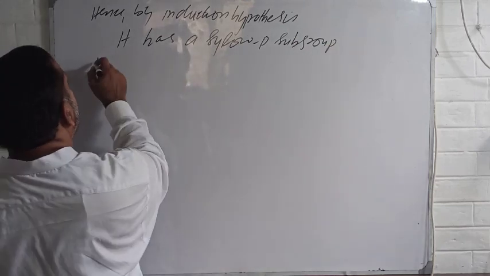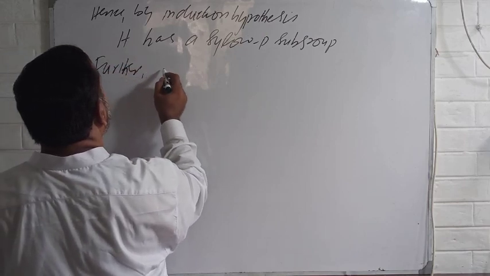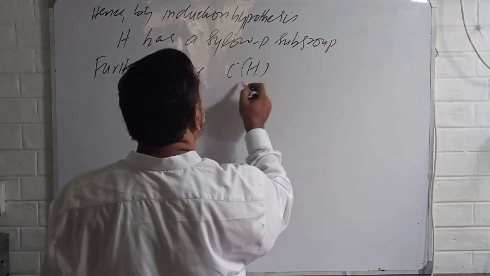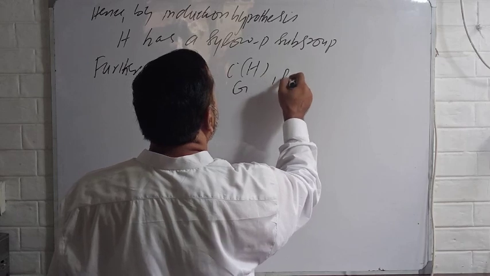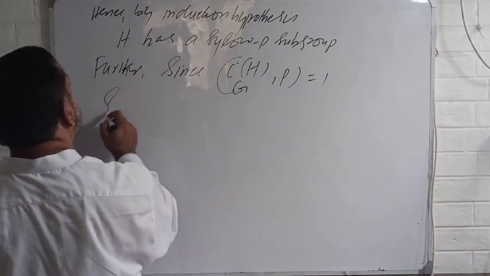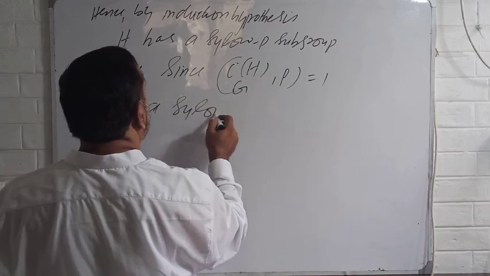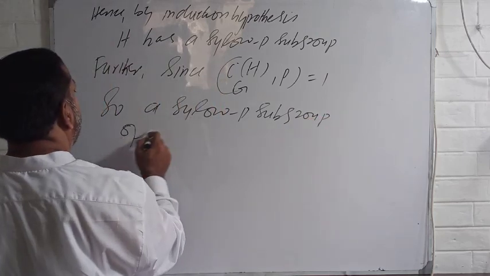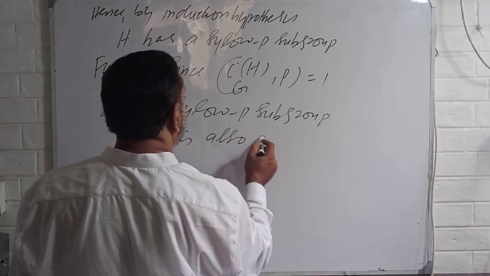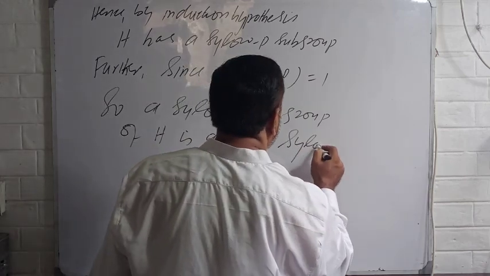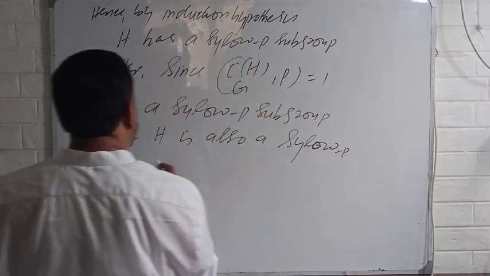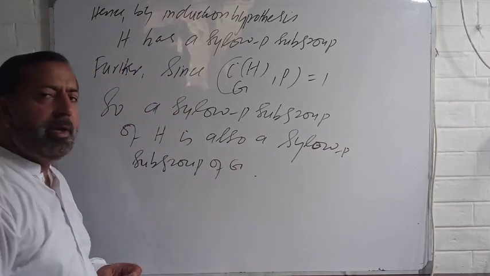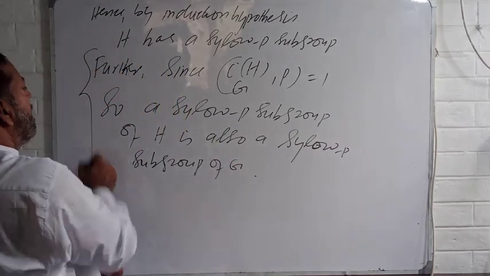And further, since index of H in G and P are relatively prime, a Sylow-p subgroup of H is also a Sylow-p subgroup of G. Okay, we need to check this, what I am writing there.